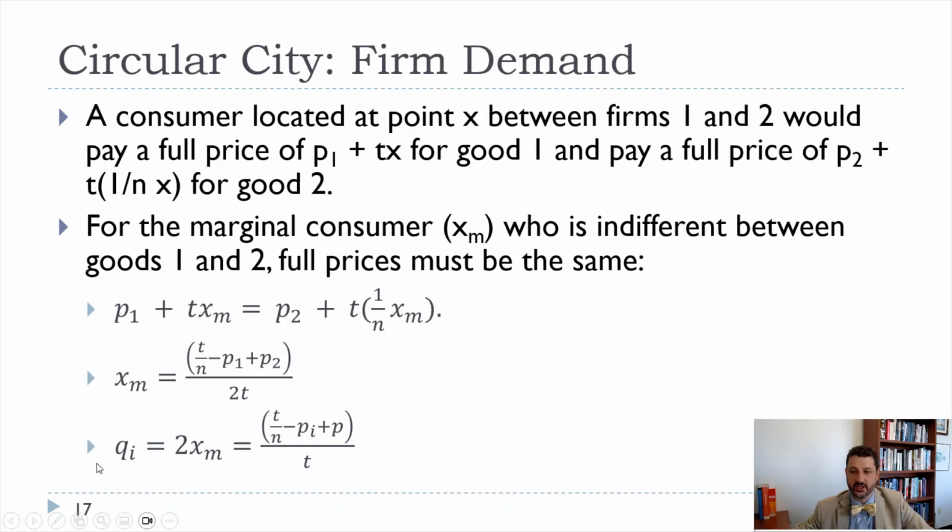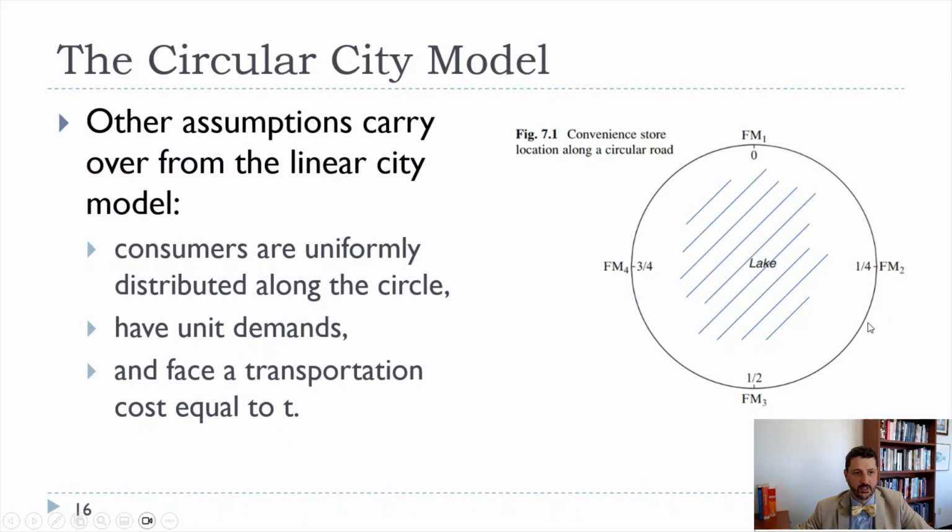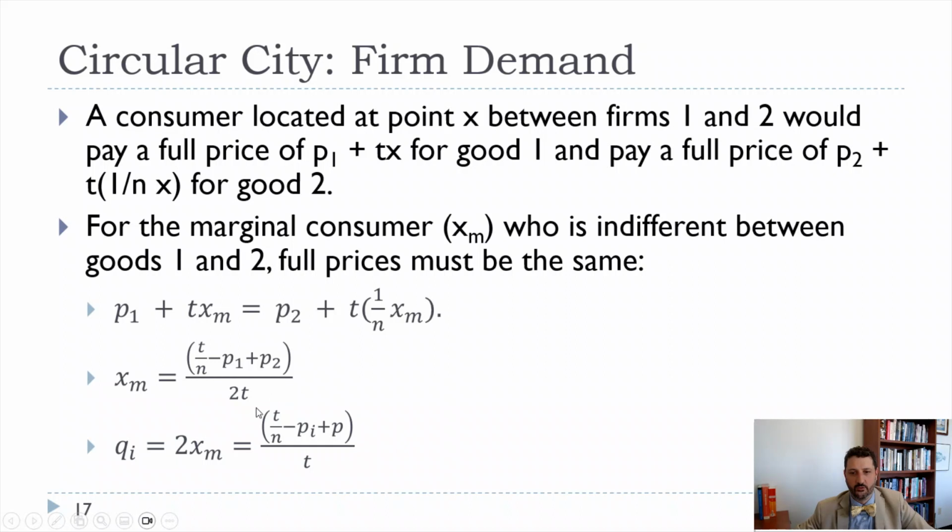And then the key thing is that each firm will get 2 times XM, because if XM is here, then firm 3 is getting all of these people, but then they're also getting the other side. And if we solve for that, the 2 just basically goes away, and so we get 1/N - (P1 - P2)/T.